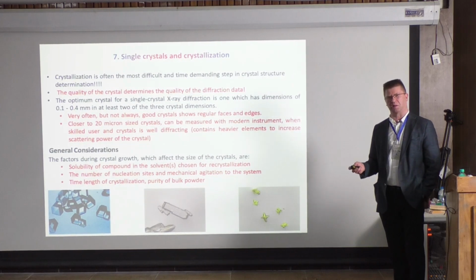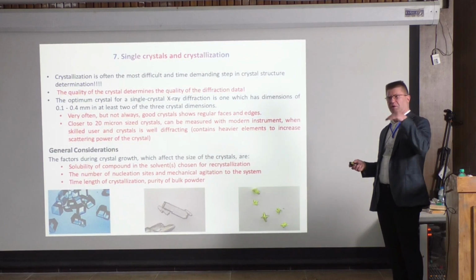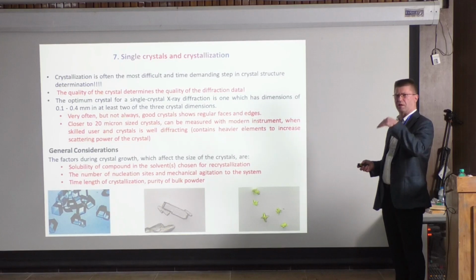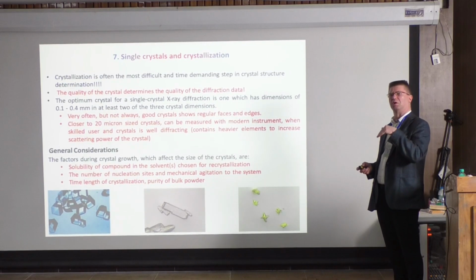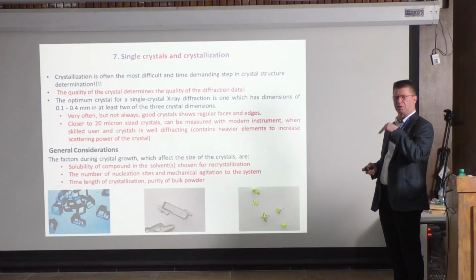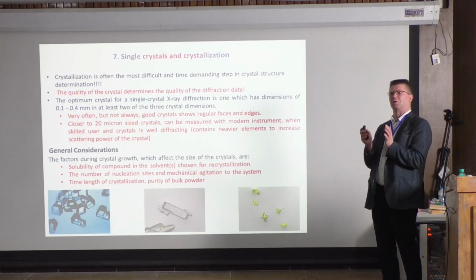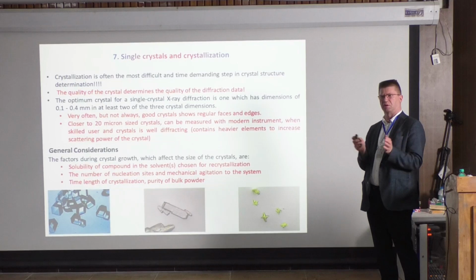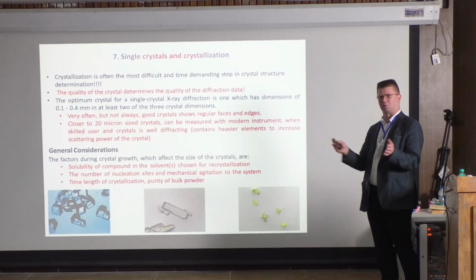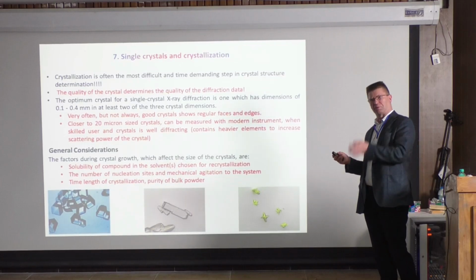Why is it so? I've emphasized it many times, because the diffraction happens from the atom cloud, the electrons of the atoms in the structure, and how they are organized. So the point is, what is crystallization? Crystallization is that you let nature organize your object, your molecules, in perfect 3D orientation. And if this happens, then the diffraction happens.